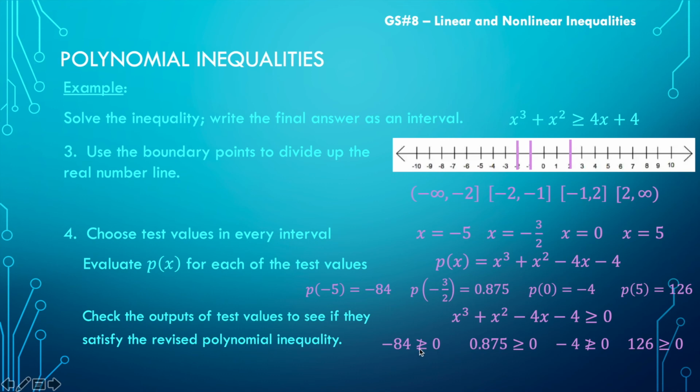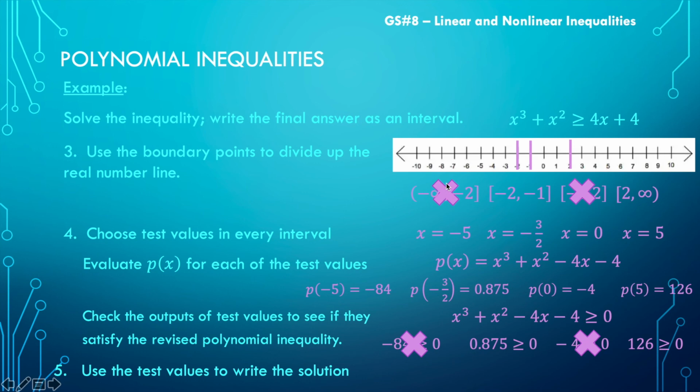So I can say that these two are not candidates for our solution, and those then will eliminate these two intervals. So our solution intervals will be these two intervals that remain because the outputs of our test values actually satisfied that inequality. So we end up with a solution set that looks like this.